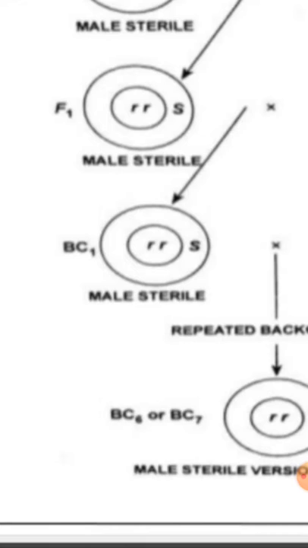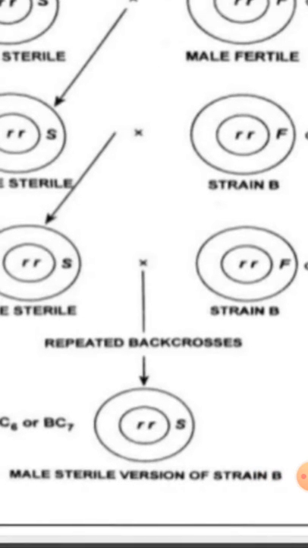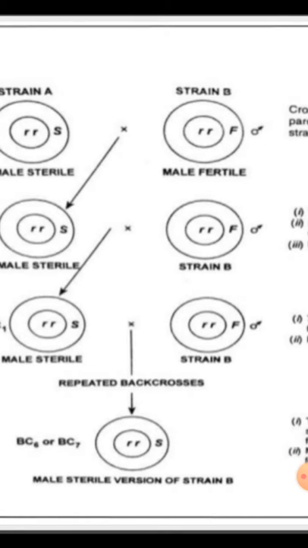In this, 75% of the nuclear genes would be from strain B, and we backcross to strain B. After repeating these backcrosses again and again, after backcross 6 or 7, we will get the male sterile version of strain B, in which 99% of the nuclear genes are from strain B, maintained by crossing with the male fertile line of strain B. In this way, the transfer of a cytoplasmic male sterile line to a new strain can be achieved.